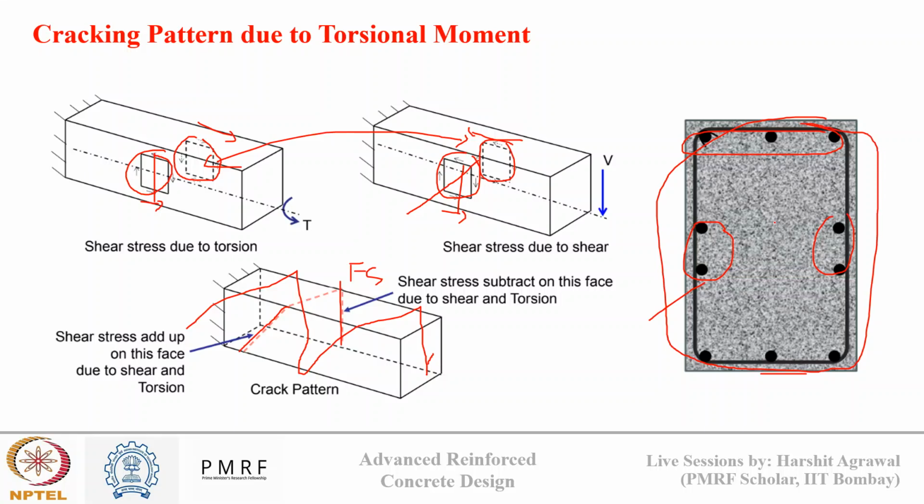So we may need reinforcement on the sides, on the top, and on the bottom, everywhere. Now, how do we design this reinforcement for a known torsional moment?